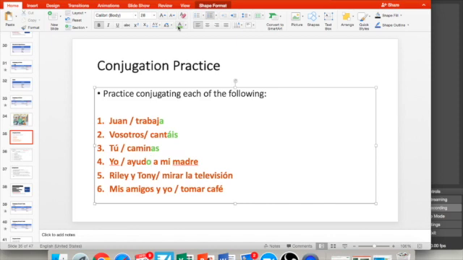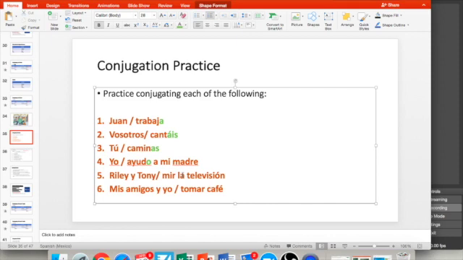Okay, check out number 5. Riley y Tony and mirar la televisión. So we're saying that Riley and Tony, and then we have mirar la televisión, to watch TV. So start with your verb mirar. The first thing I should do to mirar is, good, hopefully you're saying chop off the AR. Once I've done that, we next have to decide, well, would Riley and Tony be I, you, he, she, we, they, or you all?